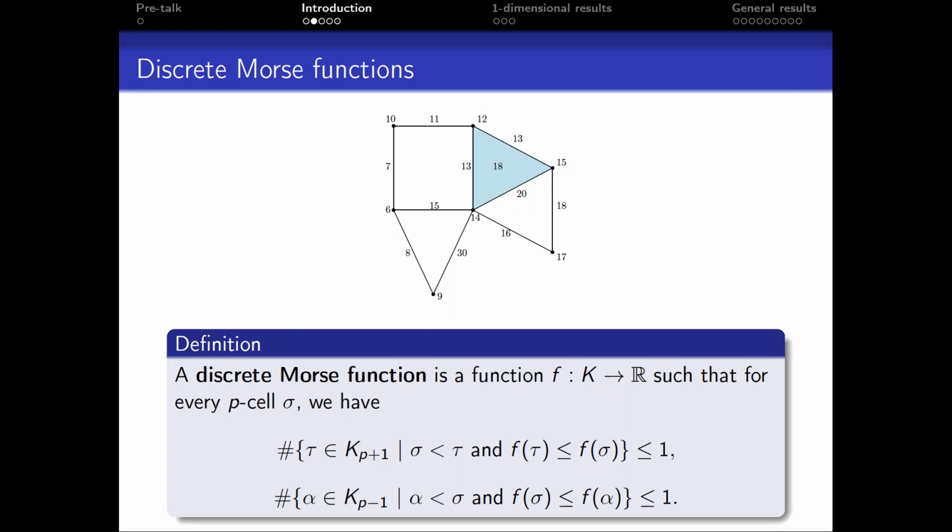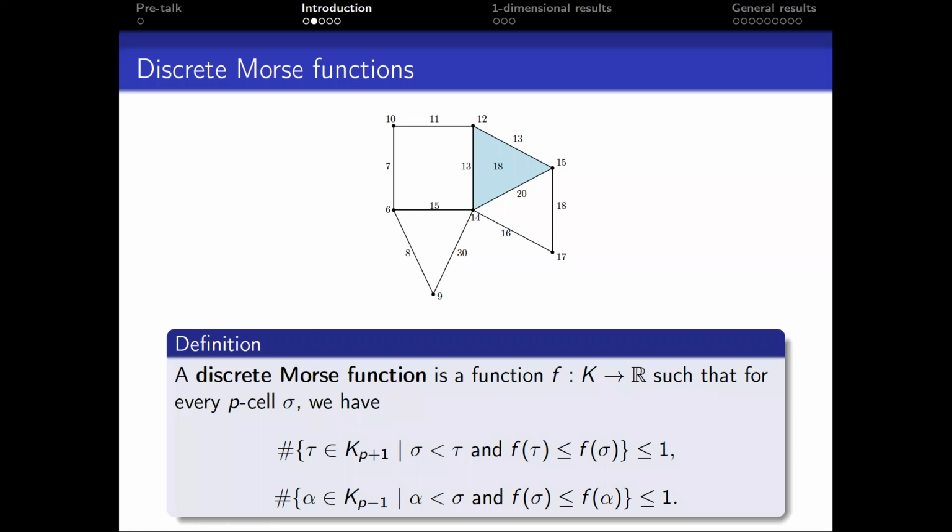Remember that this poset is given by being a face. So you are looking for all the cells for which sigma is a face, and you are considering this sort of monotonic condition, and this set has to be either empty or it has one element.